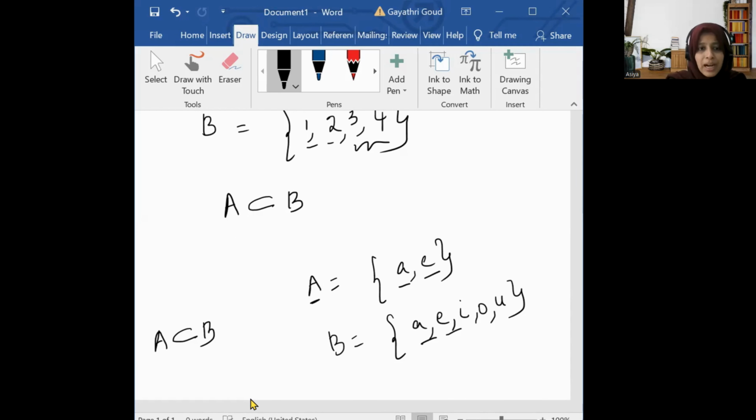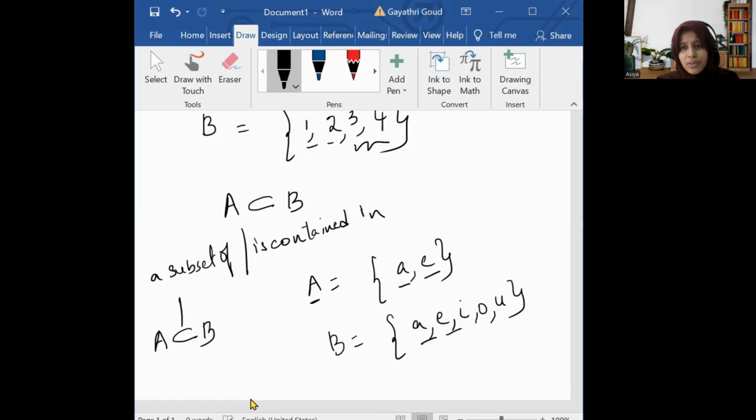I would be using this symbol, which I have been reading as subset. It stands for subset of, a subset of, or you can also use is contained in. I'm used to using the term subset of, so it's okay. You can say A is contained in B, or you can say A is a subset of B, whatever you're convenient with.